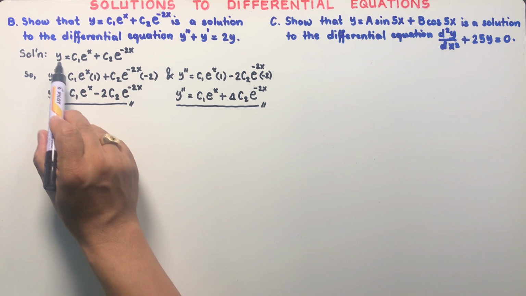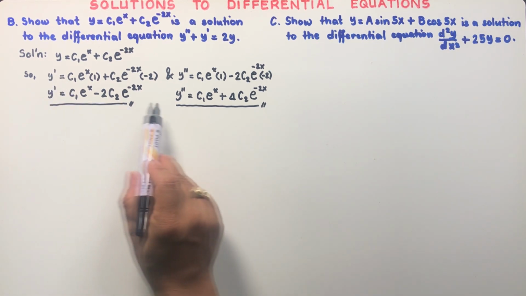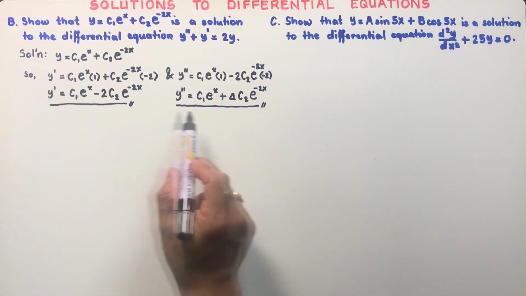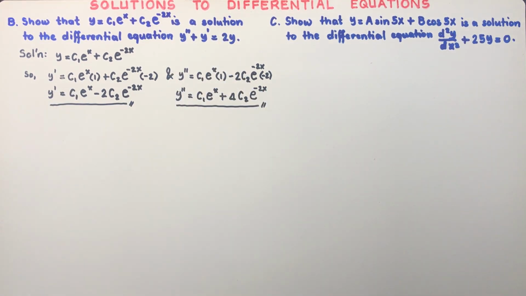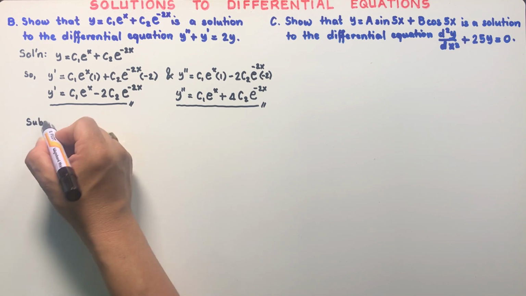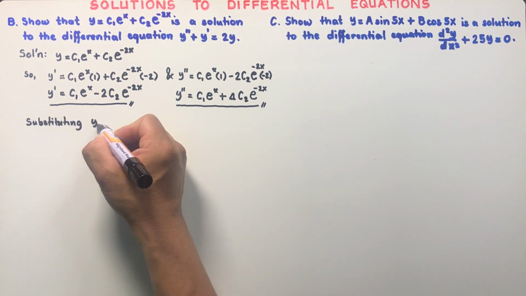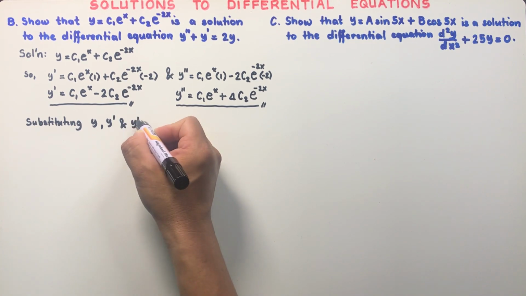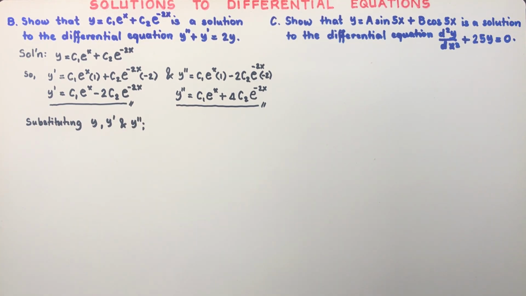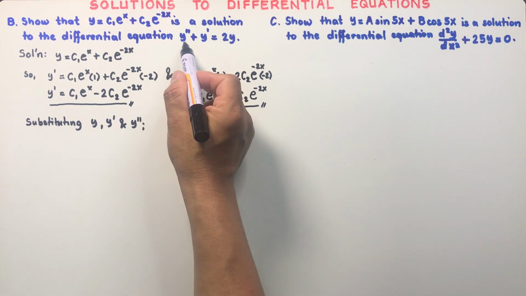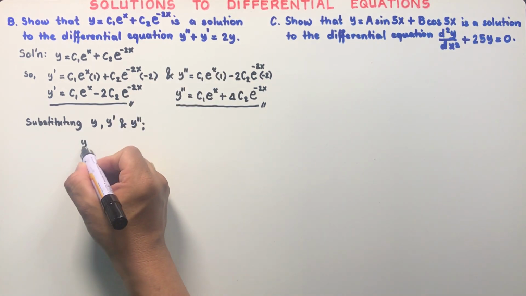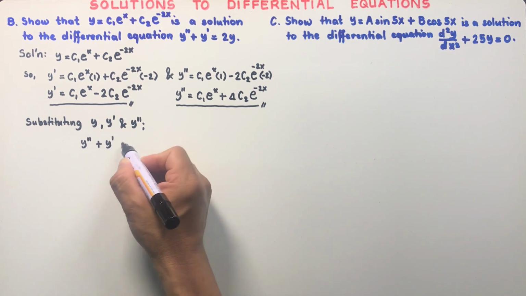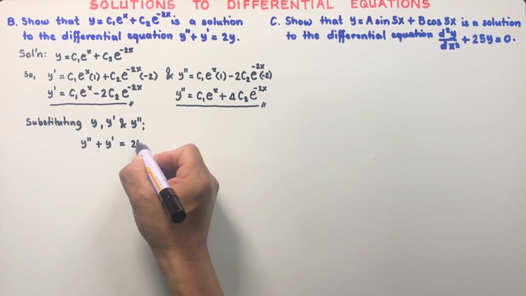Now that we have the y, the first derivative, and the second derivative, we can substitute all of this to the given differential equation. So substituting y prime and y double prime, if we copy it here, that is y double prime plus y prime equals 2y.